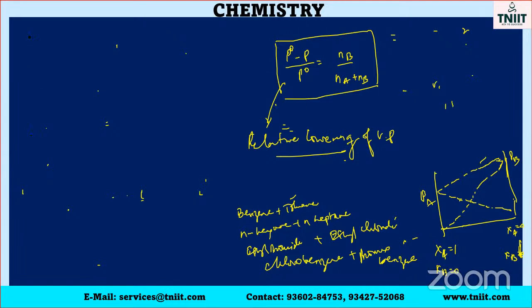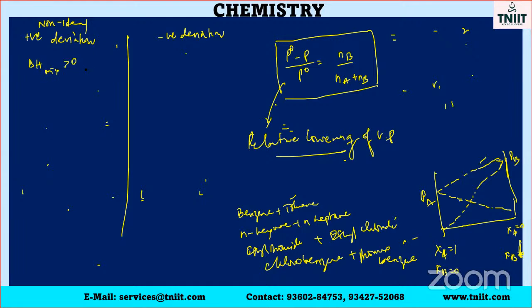Now, in case of a non-ideal solution showing positive deviation, delta H of mixing will be greater than 0. That is, delta H of mixing will be positive. It's an endothermic process.